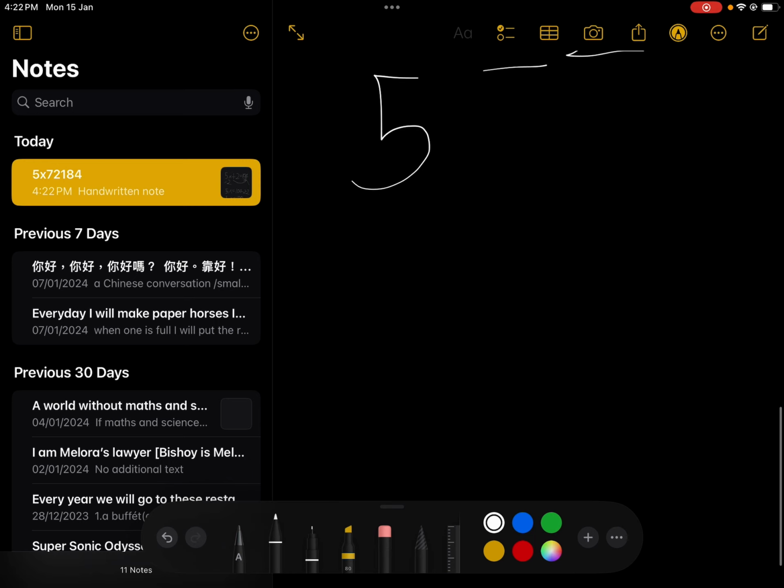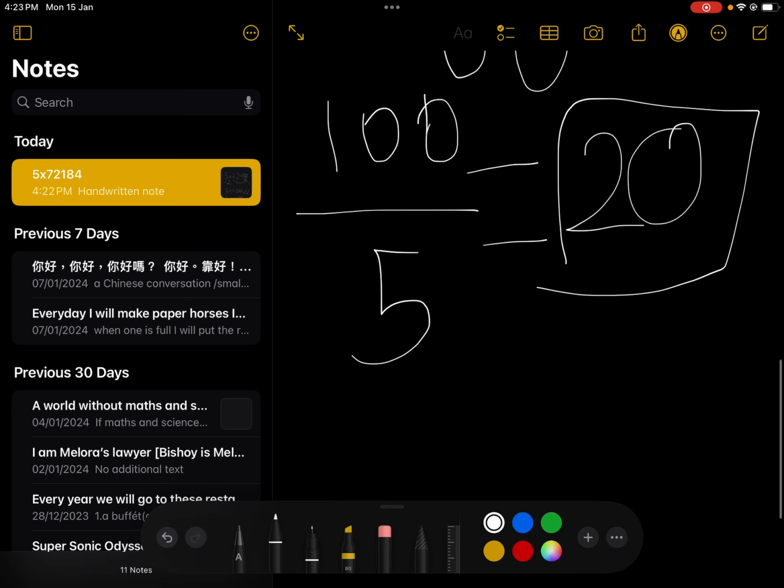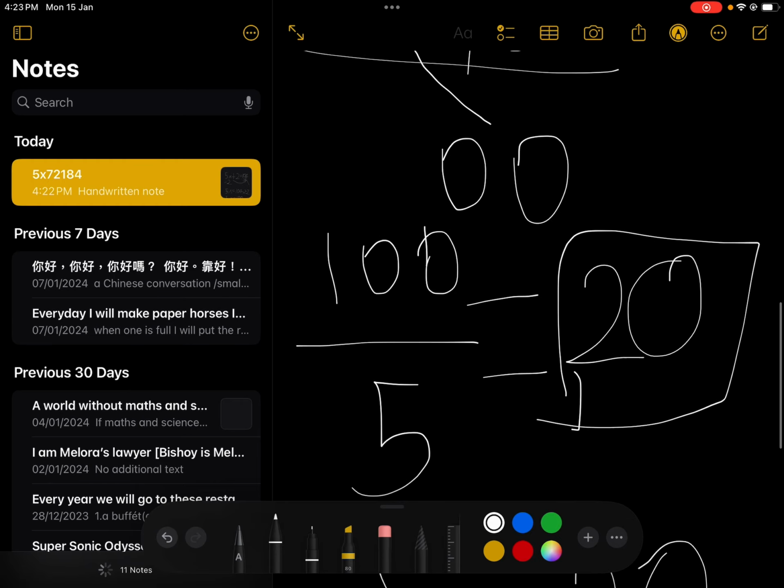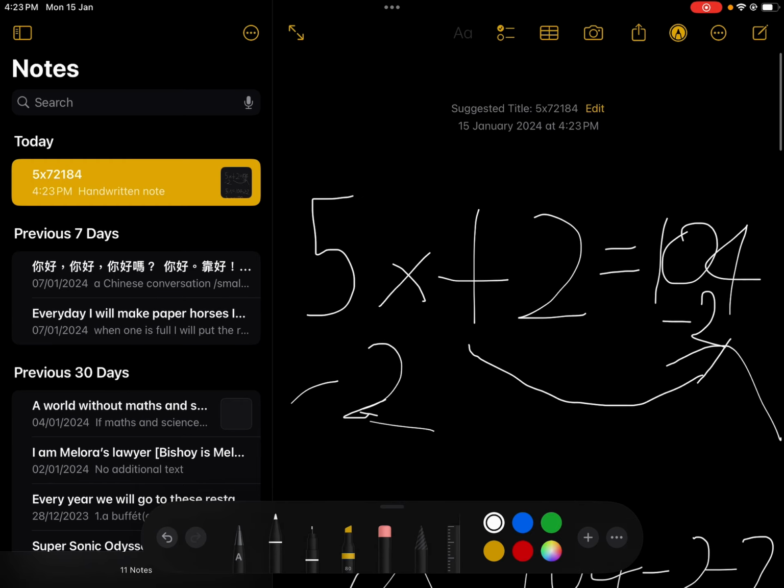And this is the answer for x. So x equals 20. We can plug this into the equation by, see, this is the equation.